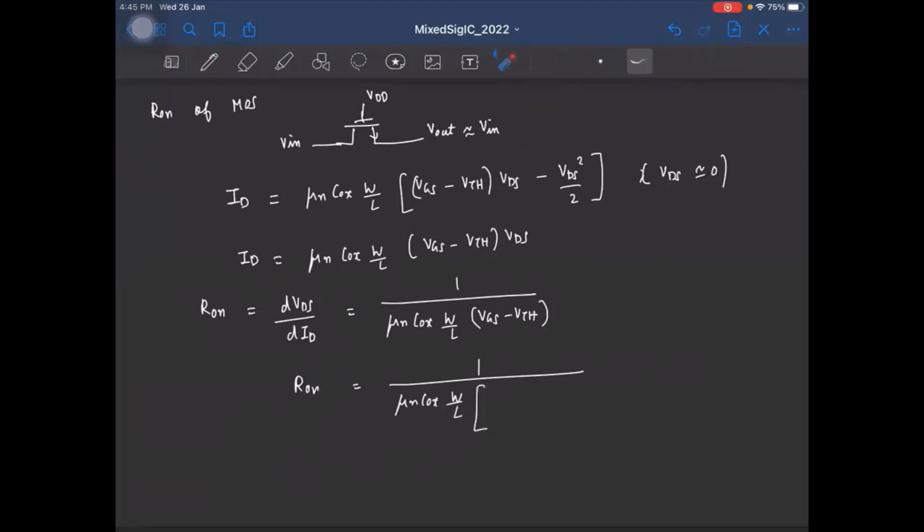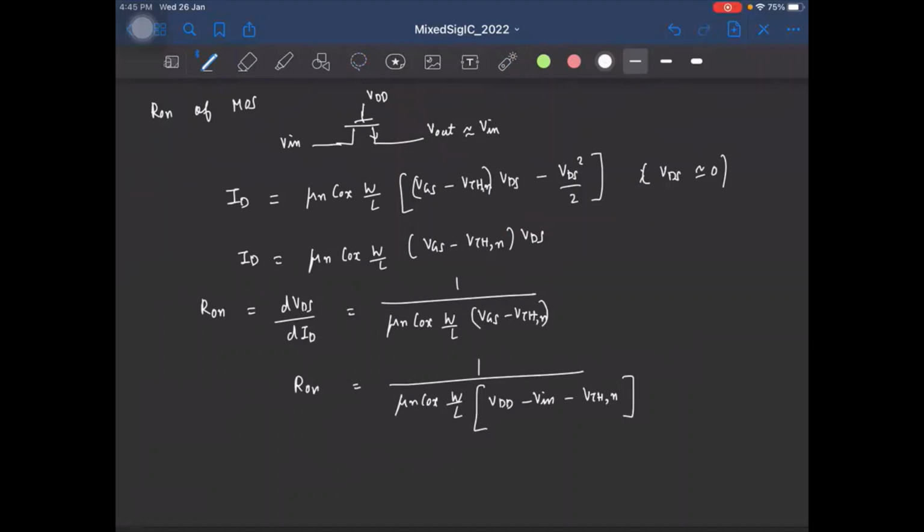The gate voltage is VDD, and the source voltage is roughly V in. So it is VDD minus V in minus VTH. I'll just say it's VTH of NMOS, to say that it's for NMOS, so I'll change it everywhere.